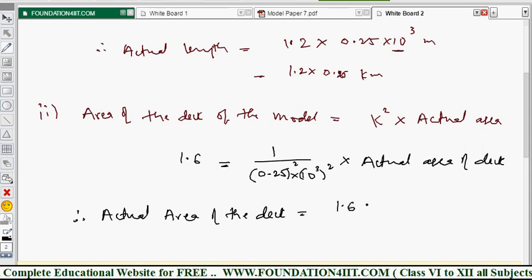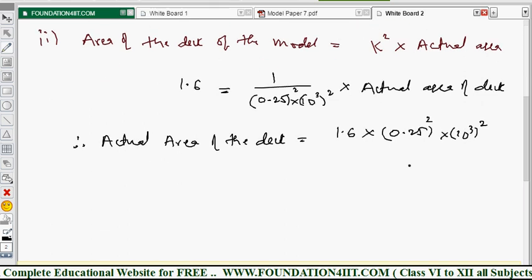So 1.6 into 0.25 square into 10 power 3 whole square. Right, here is 1.6 into 0.25 square, that is 0.0625 into 10 power 3 whole square.